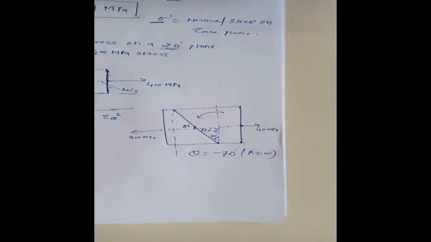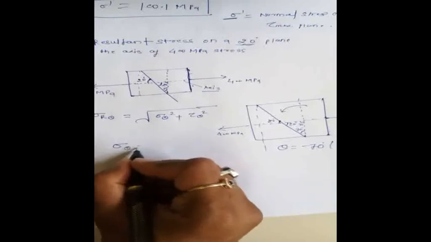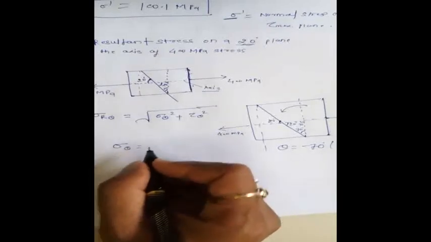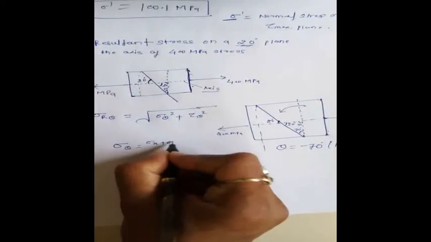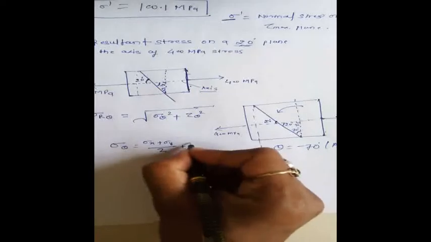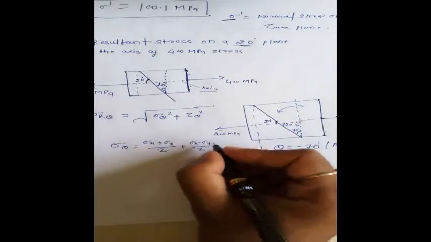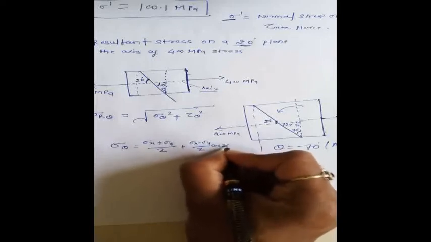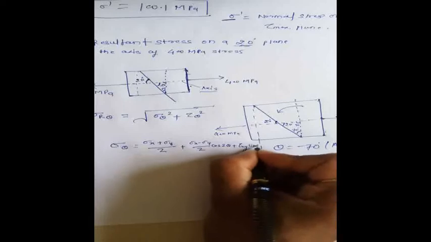So here the sigma theta we have to find out first. The sigma theta formula we know is sigma x plus sigma y by 2 plus sigma x minus sigma y by 2 cos 2 theta plus tau xy sine 2 theta.